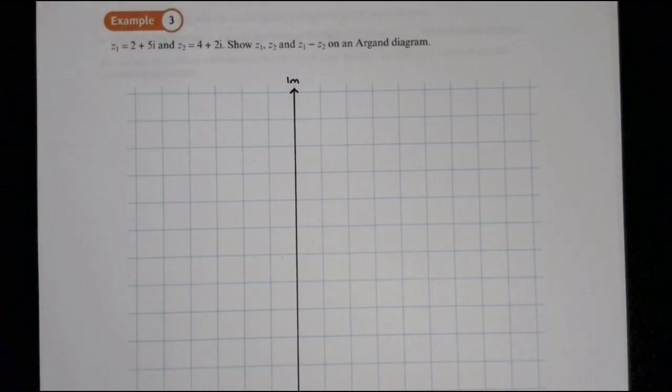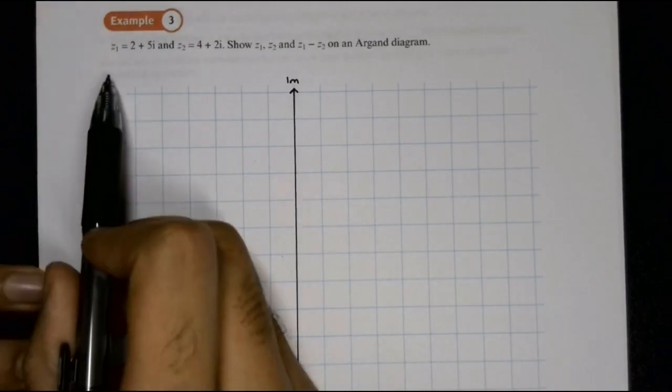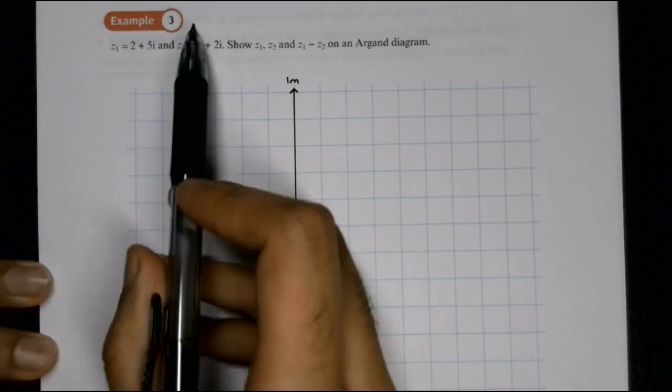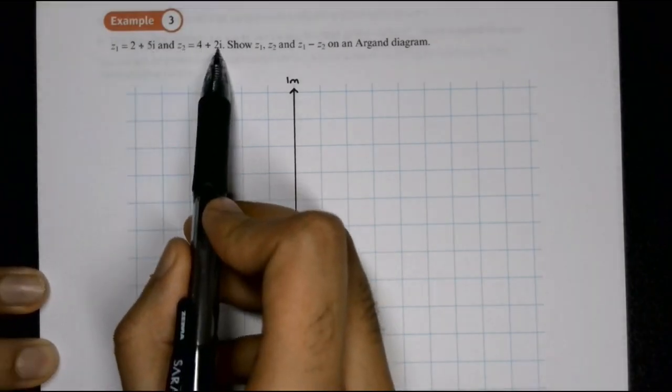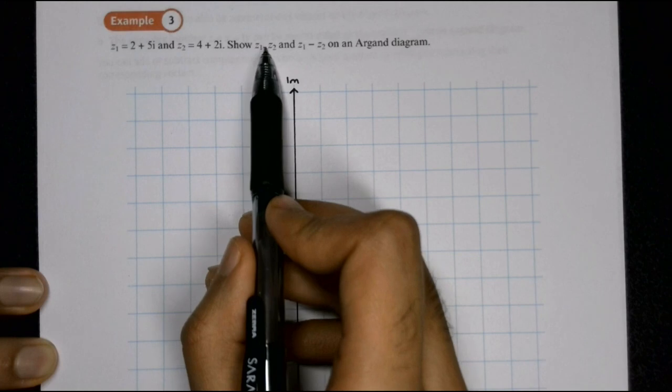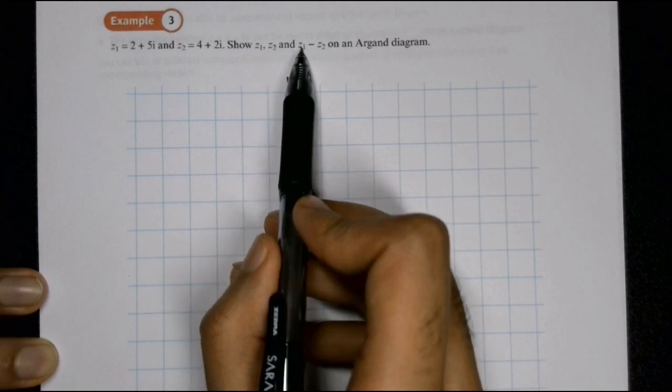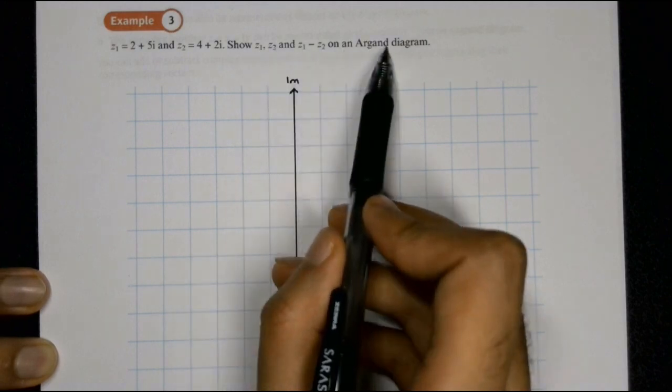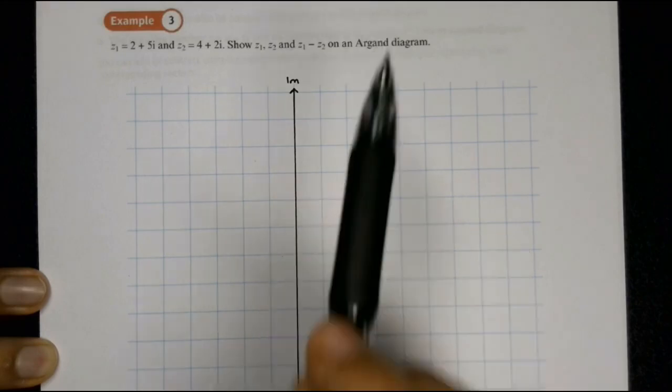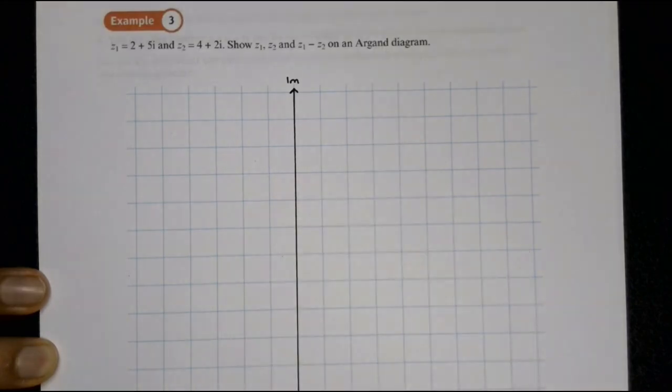Example number 3, we have z1 which is equal to 2 plus 5i, z2 which is equal to 4 plus 2i, and we have to show z1, z2 and z1 minus z2 on an Argand diagram. Well, let's show first of all z1.